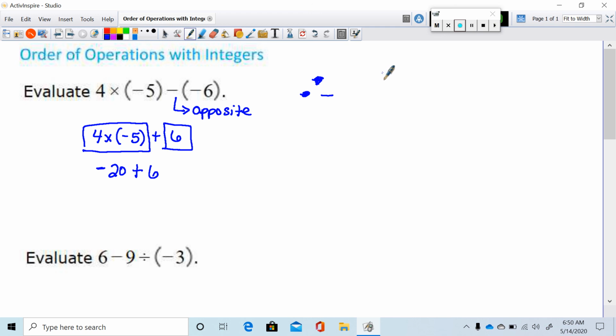Okay, if the signs are the same, you find the sum. You add. And I remember that because they all begin with the letter S. If the signs are different, you find the difference.